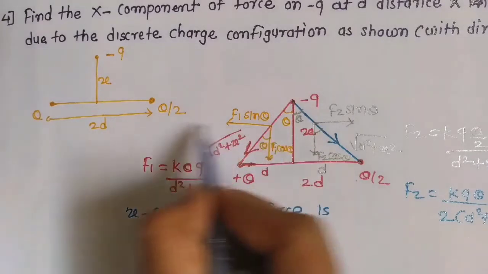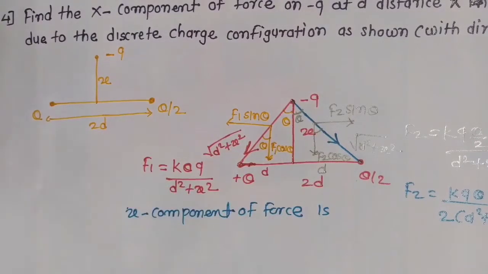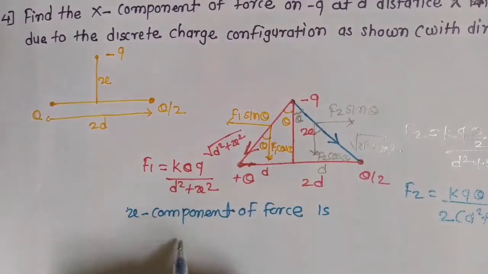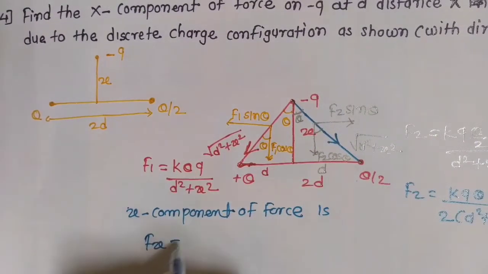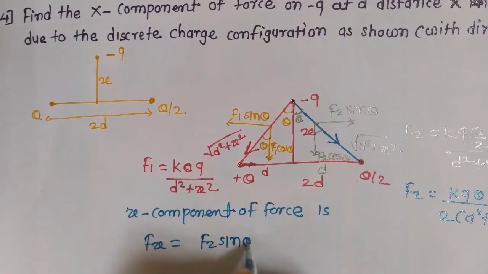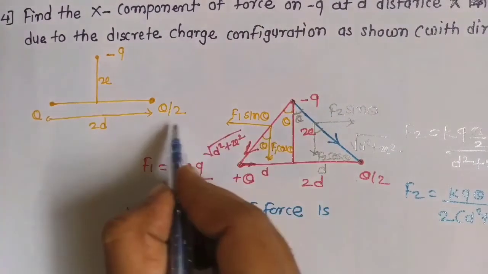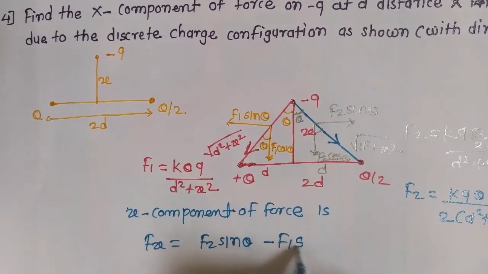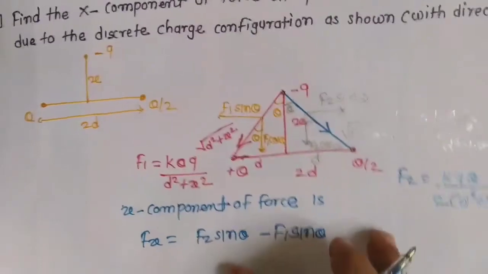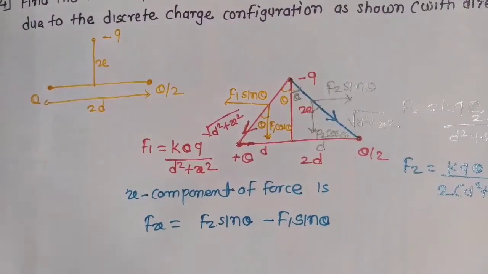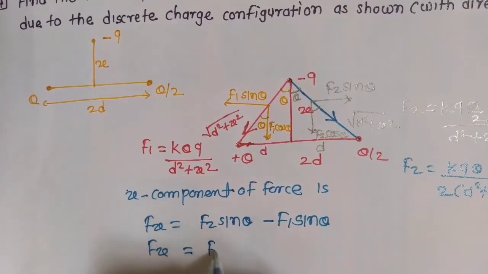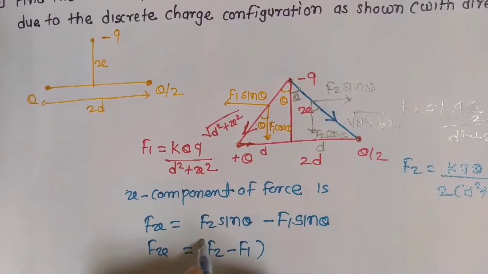The direction of F2 sin theta is towards the right hand. So Fx is equal to F2 sin theta, and this is in a negative direction or left hand direction, that's why it is negative F1 sin theta. So यहाँ पे sin theta कॉमन है, that is Fx is equal to F2 minus F1 sin theta.